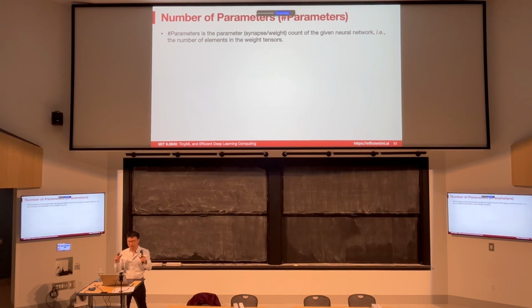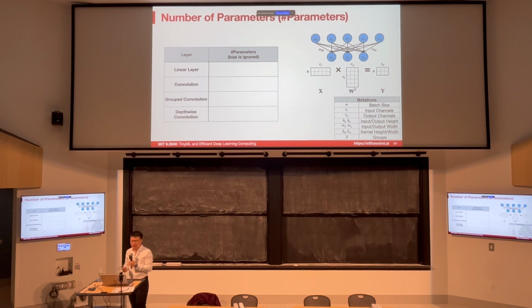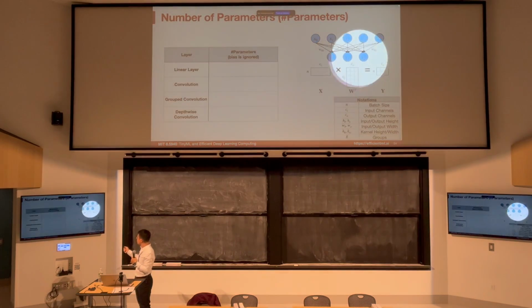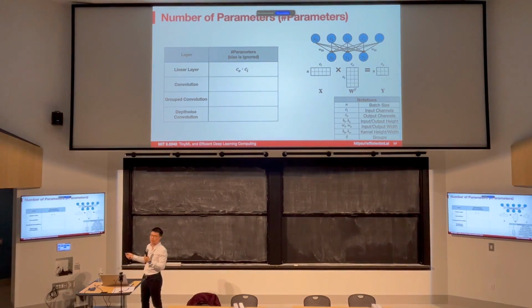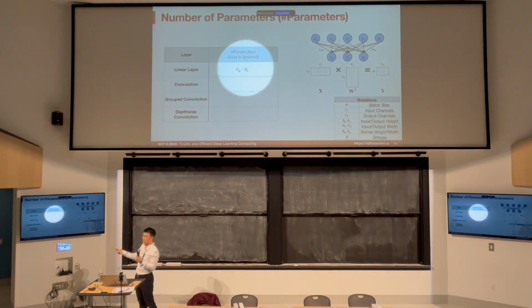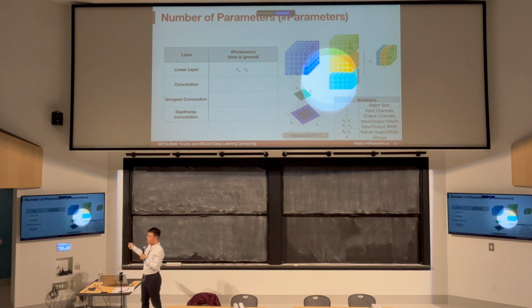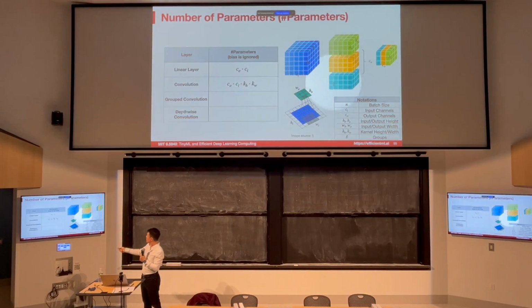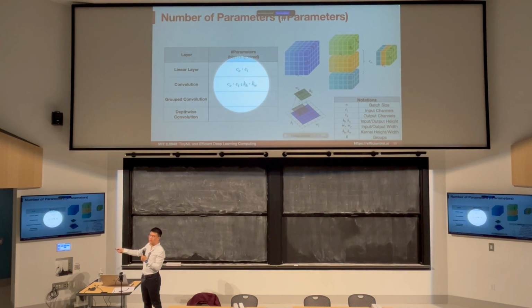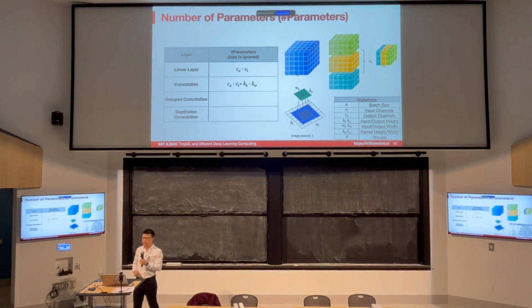Data movement is expensive. So there is the number of weights in a neural network. The number of parameters: each kernel has K times K times C in. We have C out of them together.